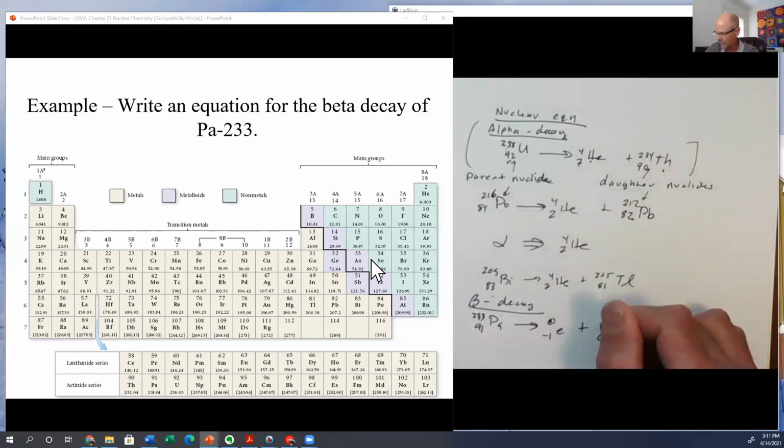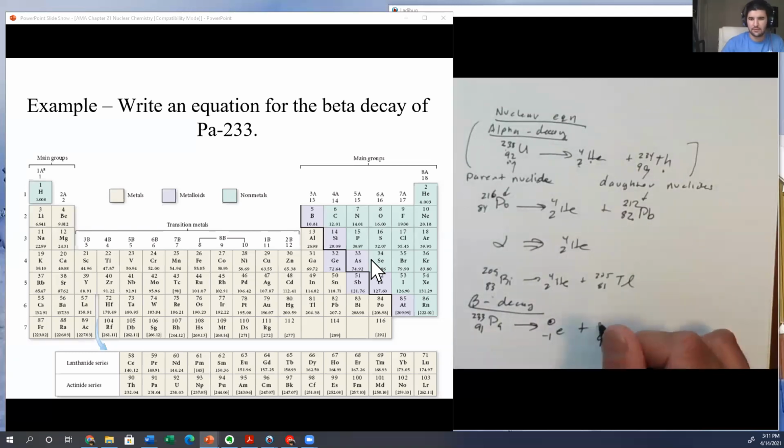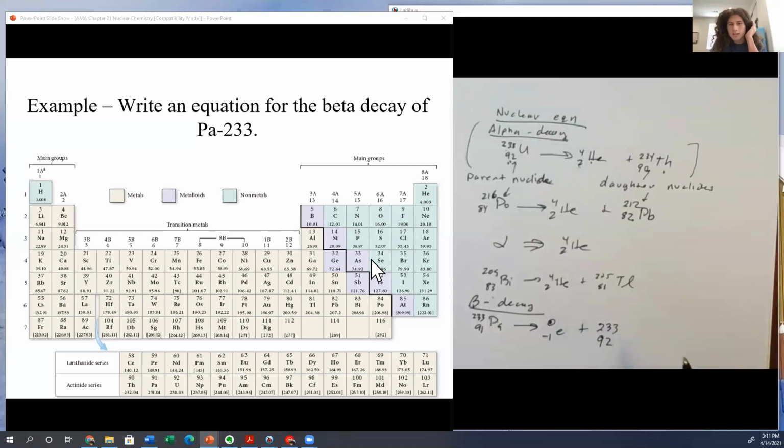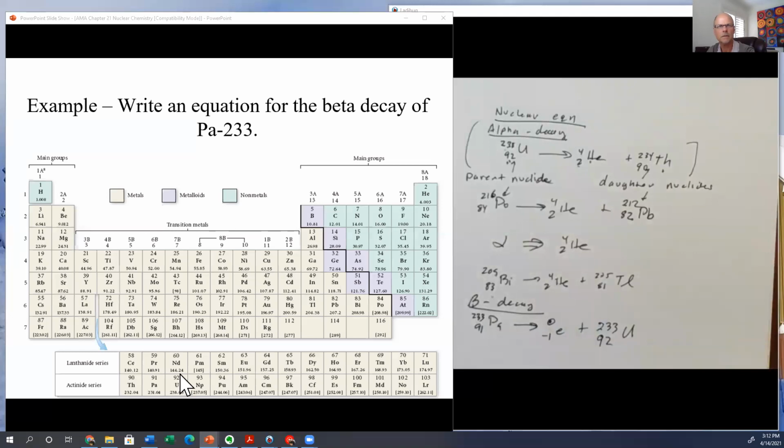And then what's the mass number? 233, because this is 0. In order for them to add up on both sides, this has to be 233. Then we look up element number 92 and find that it's an isotope of uranium. So when Pa gives off a beta particle, it turns into an isotope of uranium.